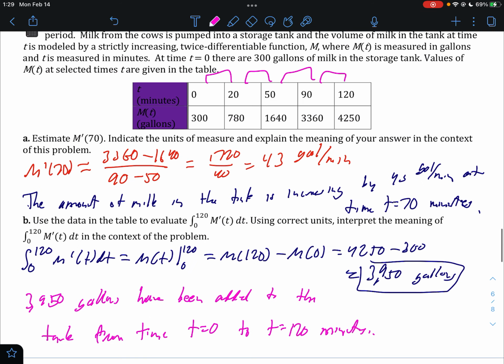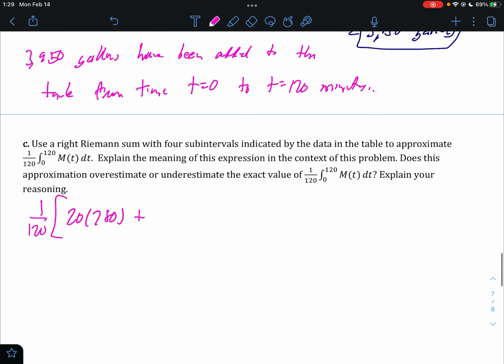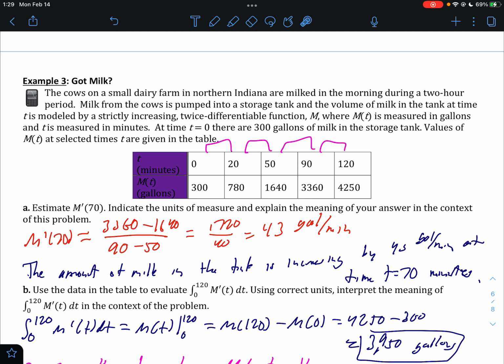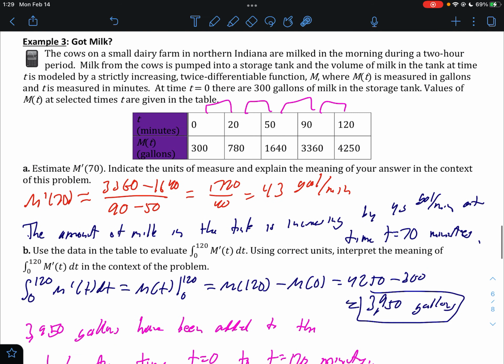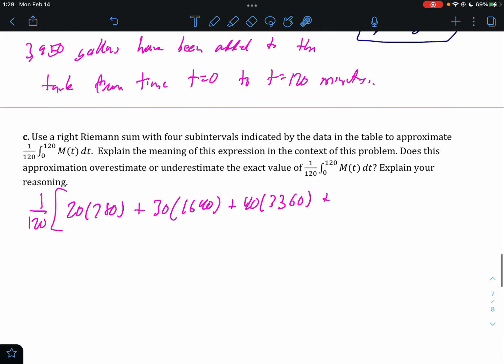Plus 30 times 1640. Plus 40 times 3360. Plus 30 times 4250.